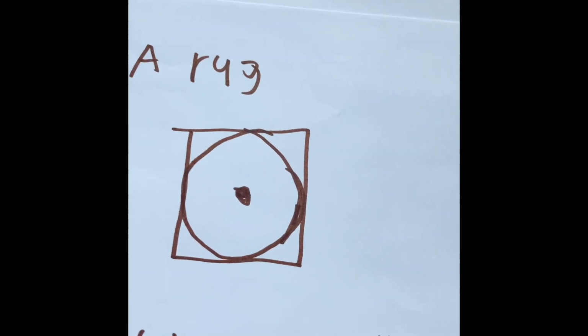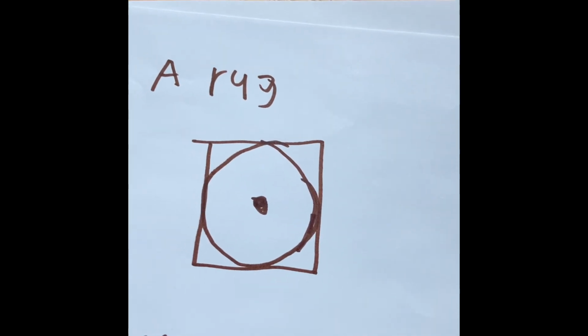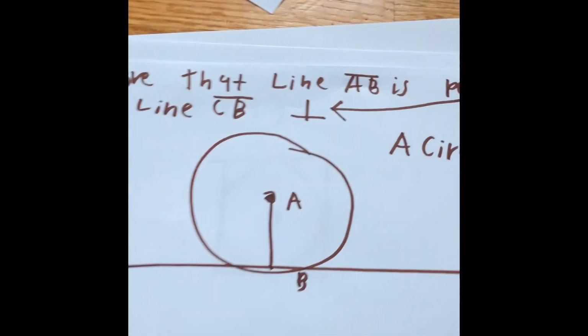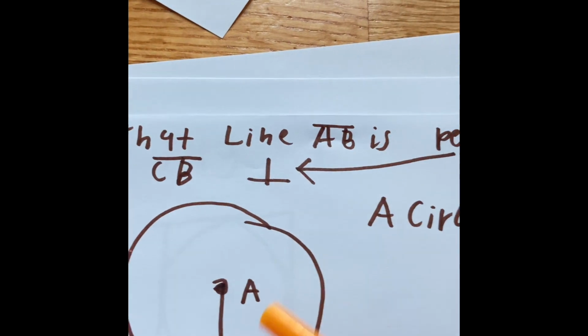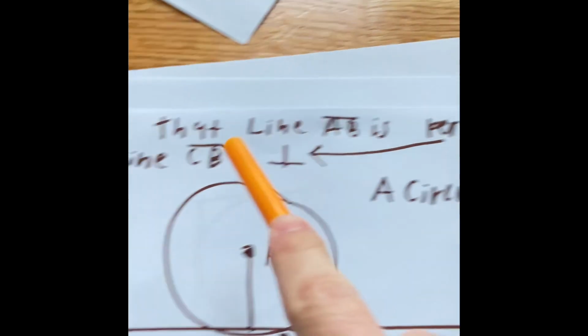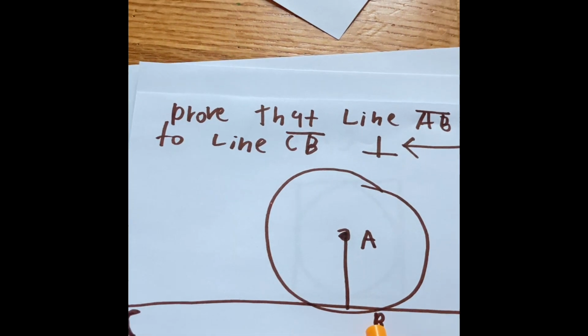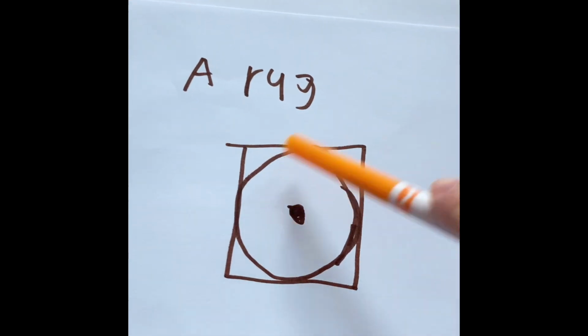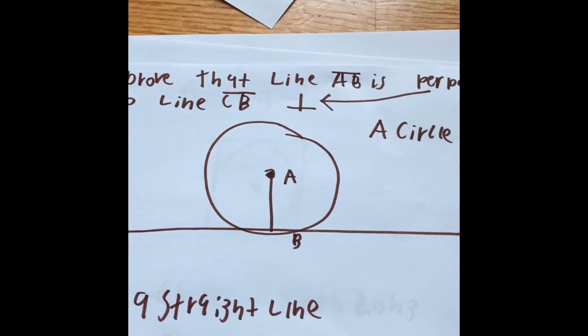So what we're going to be doing today is we're going to prove with the circle and the lines that line AB is perfectly perpendicular to line CB, because there were lines on that rug with the circle. So how do we prove that?